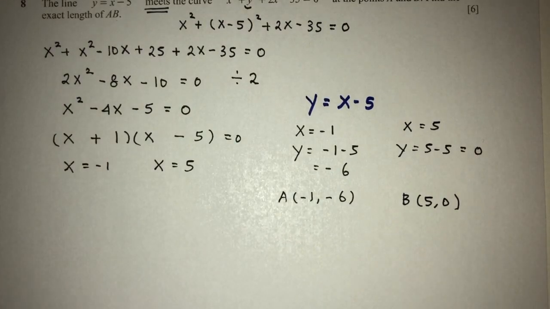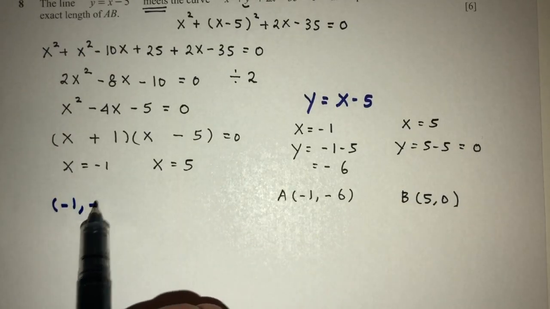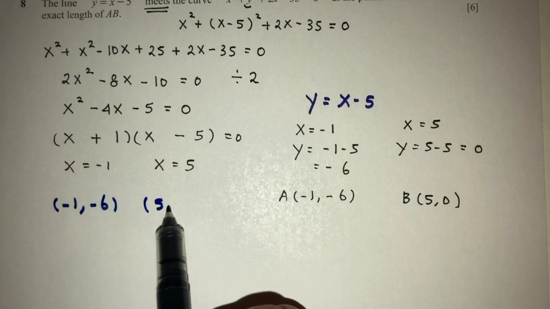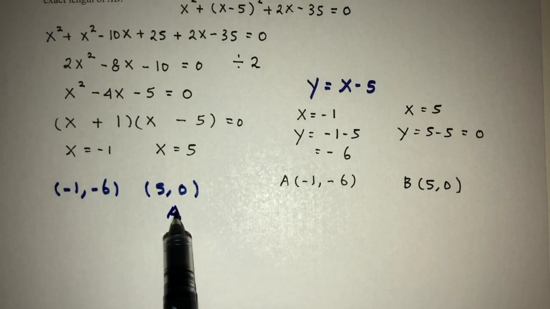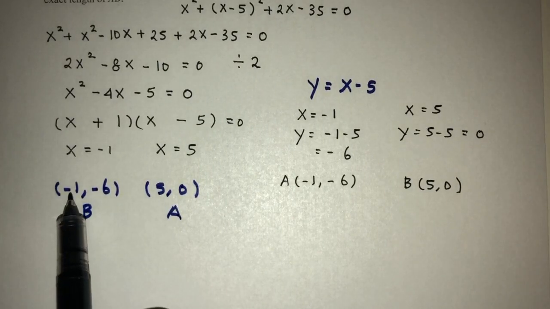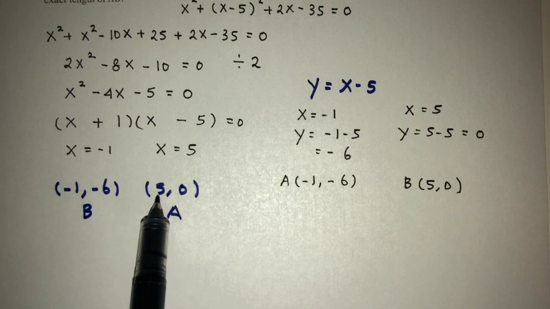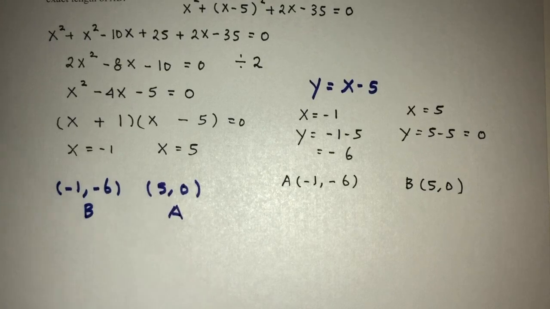Okay, so sometimes I do get a question. Let's say I have those 2 points, -1, -6, and 5, 0. The question is, why is this one not A and this one B? Because if you observe, for the x value, here we have -1 and here we have 5. So which one comes first? Obviously -1 comes before 5, right?